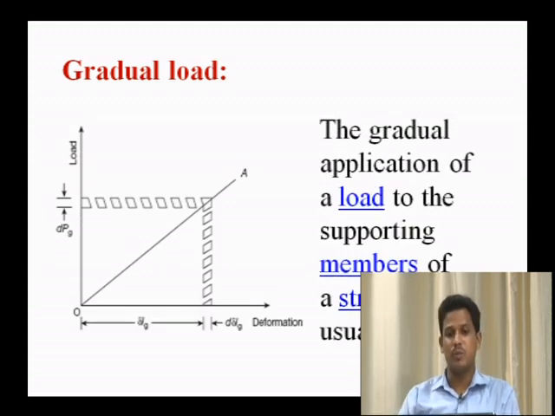Gradually applied load, as the word itself says, means we are applying the load gradually, that is, slow application, step by step on the structure. Suppose the maximum load carrying capacity of the member is 10 kilonewton.